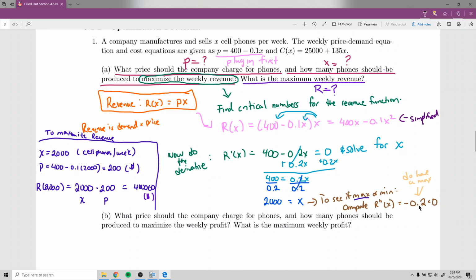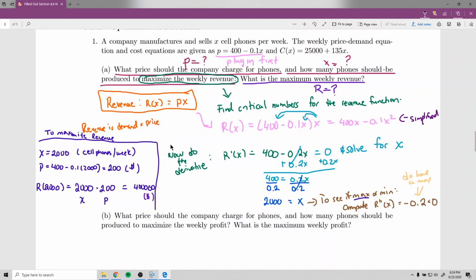If you got a positive, it would be a minimum, and since it's asking for the maximum here, that's really telling you that you're looking at the wrong thing. Okay. And then finally, after we figured out what x value maximized our revenue, then we plugged them in accordingly. This one we just happen to have two equations to plug in. We had to plug it into the price equation, and we had to plug it into the revenue equation as well.